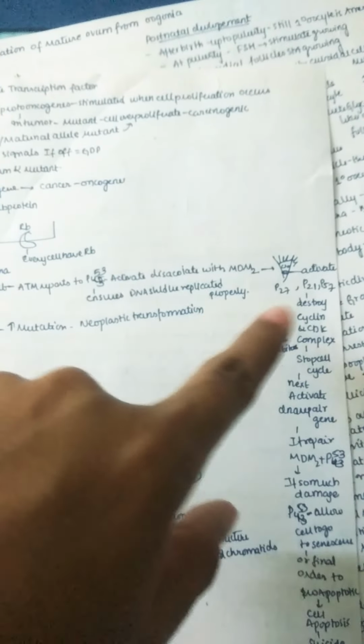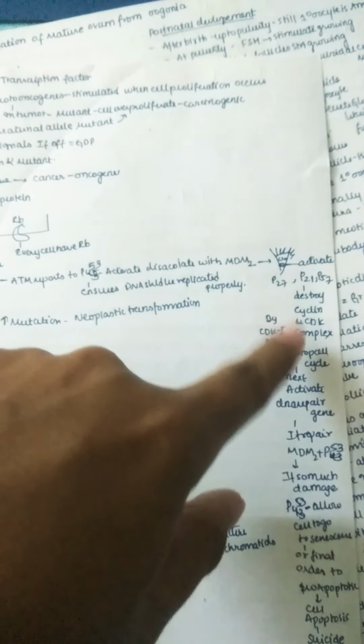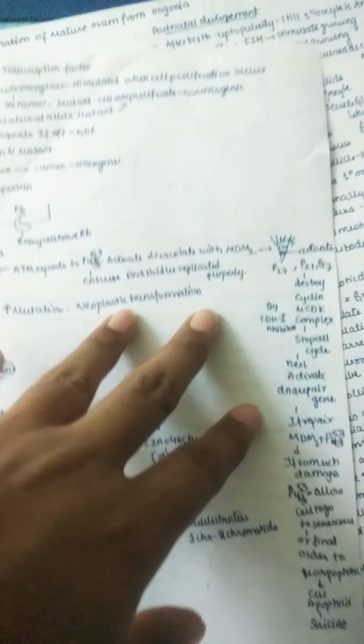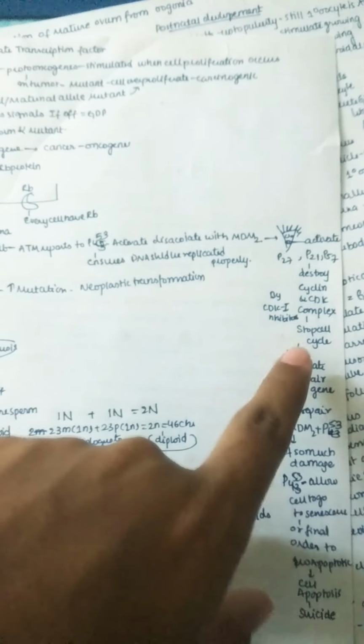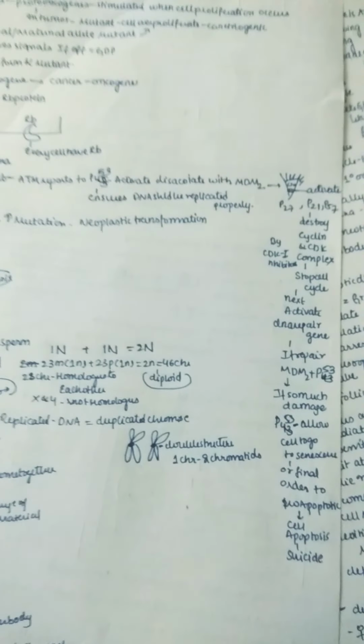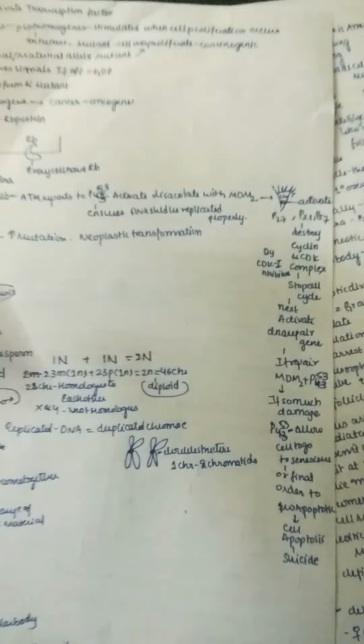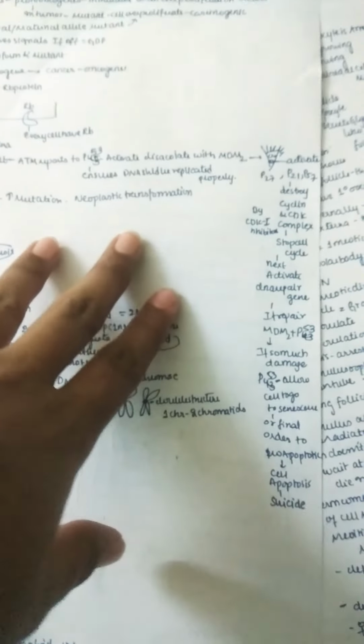The p53 activates p21, p57, p27, etc. and destroys the cyclin and CDK complex by the CDK inhibitors. By this the cell cycle stops, and it also activates DNA repair genes. So if it is repairable, then it will repair and again start binding with MDM2 and take rest.